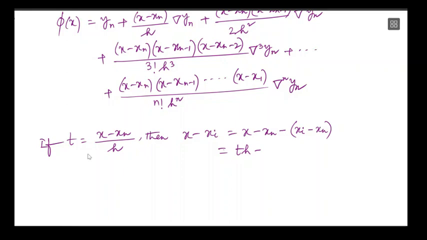Or rather xn minus xi. xn is x0 plus nh, we have seen earlier, and xi is x0 plus ih, so it will be n minus i times h.